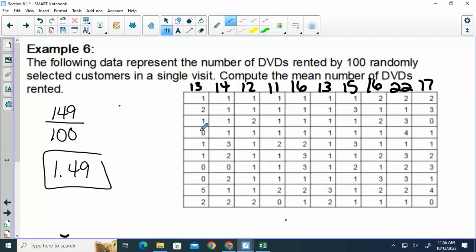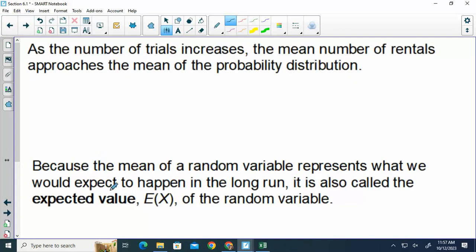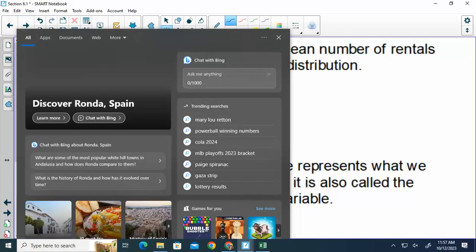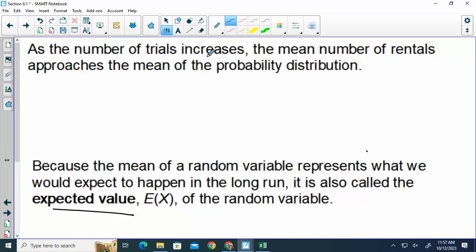No. But we know that the more I do it, the closer my probability will become to what I expect. So the mean of your distribution is called your expected value. And we know that as we have more trials, the closer and closer this will happen.